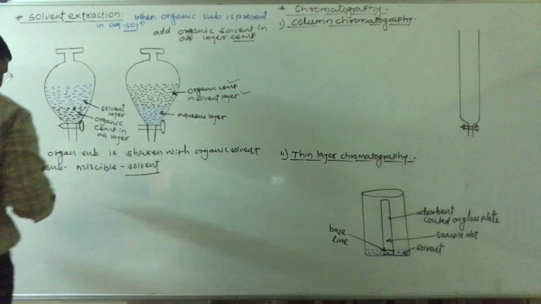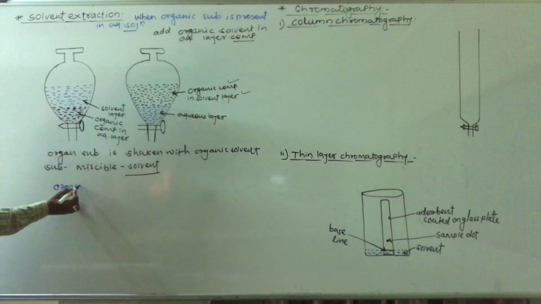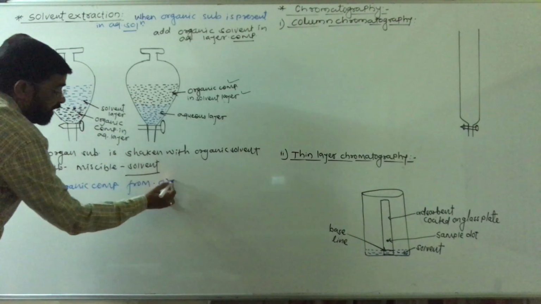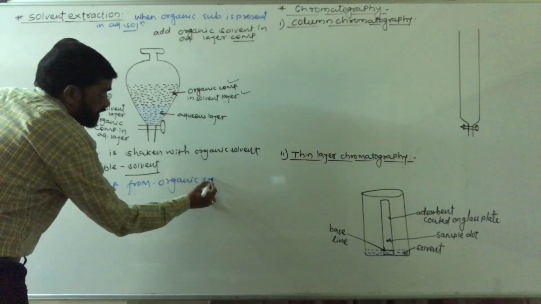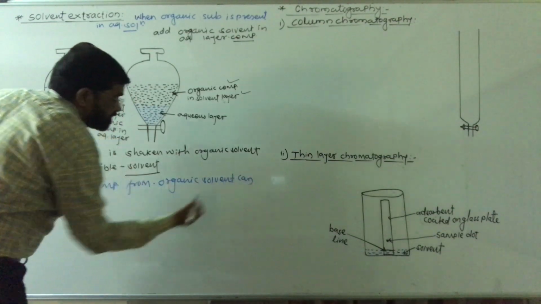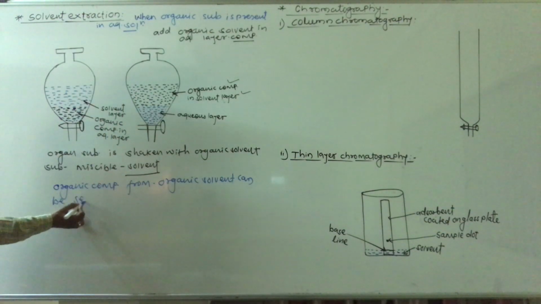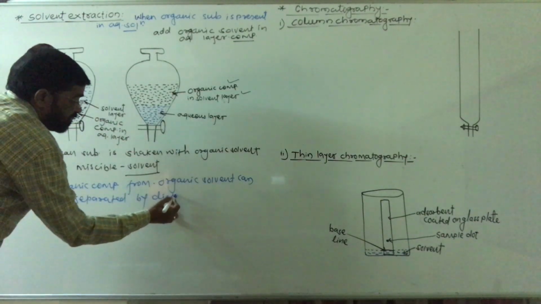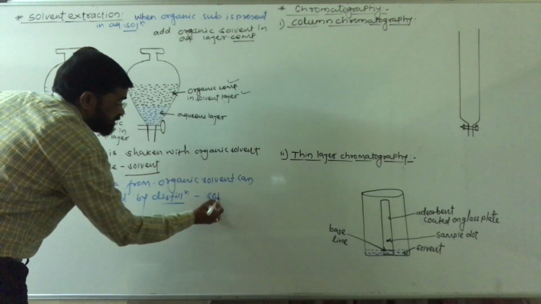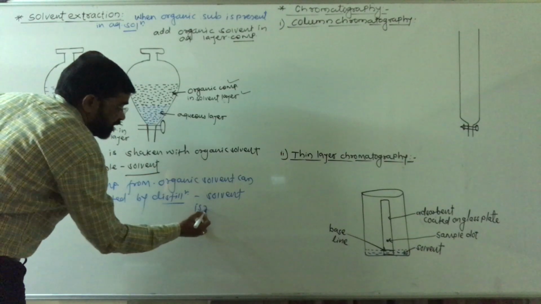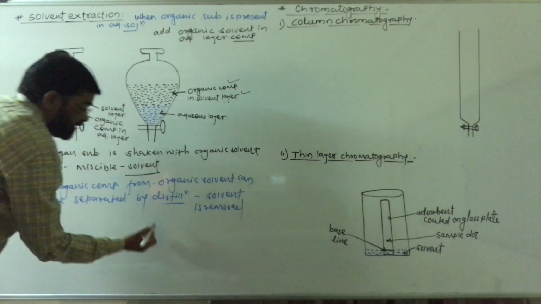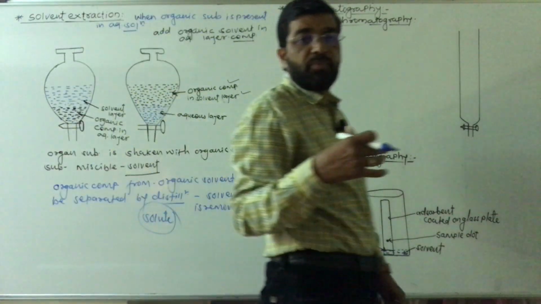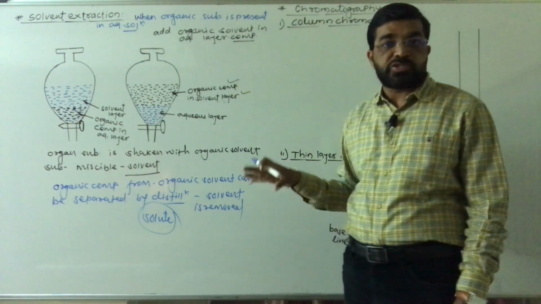Then the organic compound from the organic solvent can be separated by the distillation process. By distillation the solvent is removed, and you will get the solute. So that is nothing but the solvent extraction process.